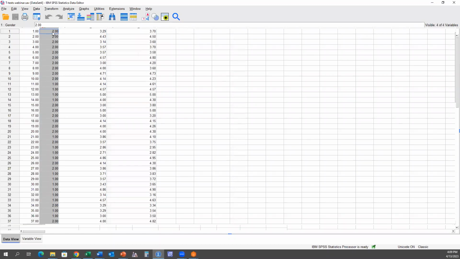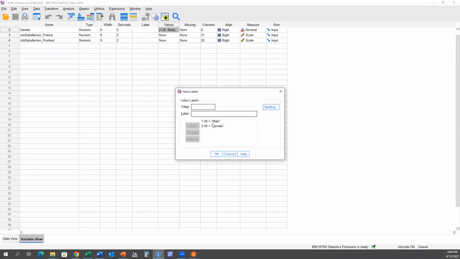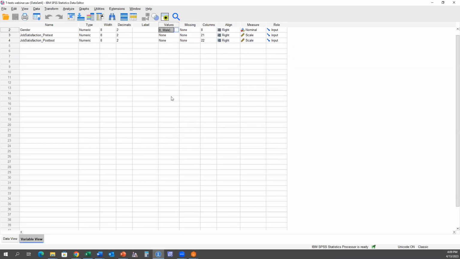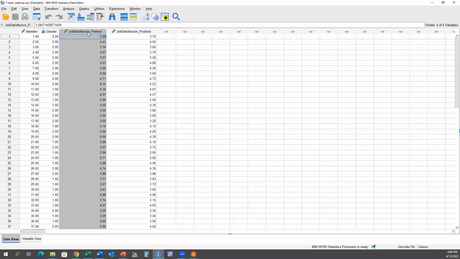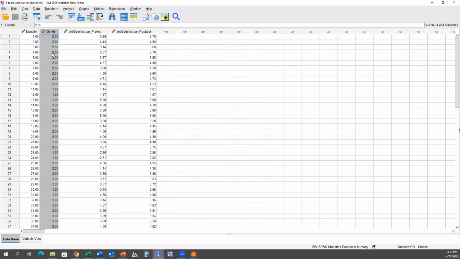So gender, we have gender coded 1 as male and 2 as female. So if we were to run an independent t-test, we could ask something like, is there a significant difference in job satisfaction between males and females? So we have our dependent variables right here, and they're both continuous, they're numeric, and we have gender, which is strictly males and females for this sample.